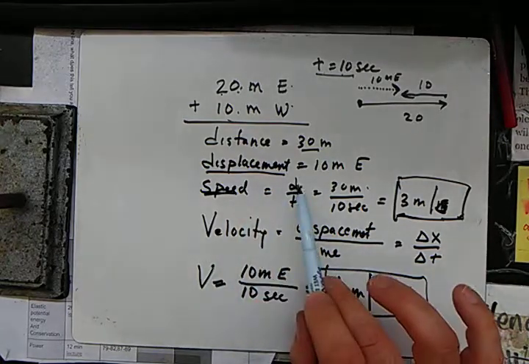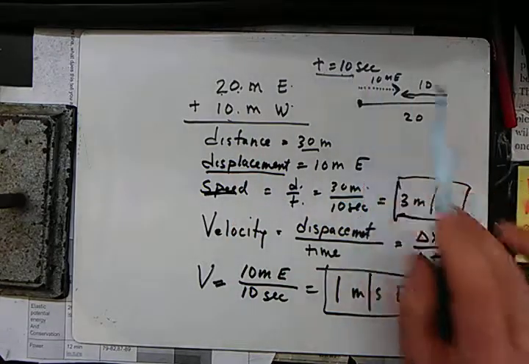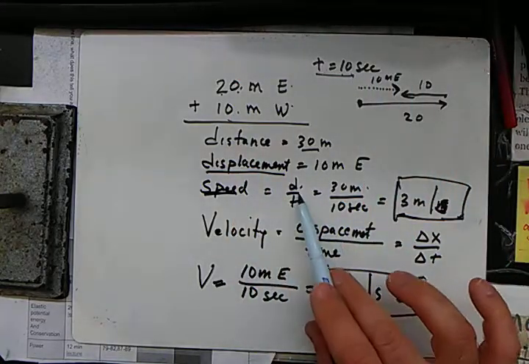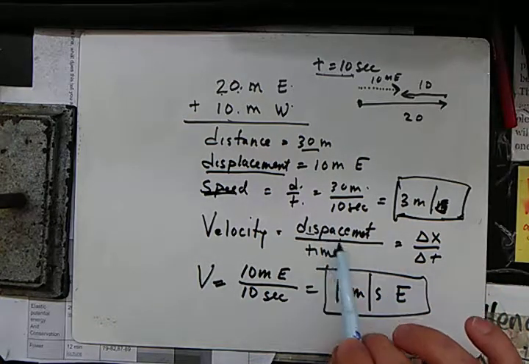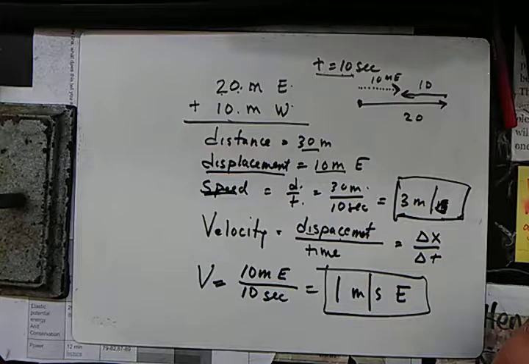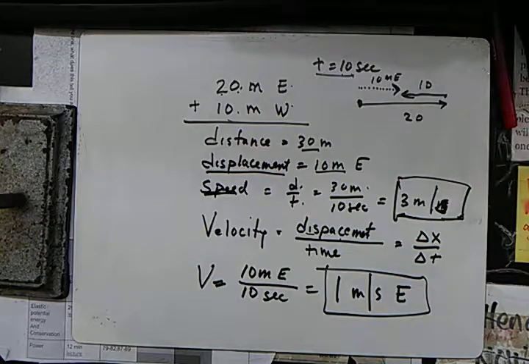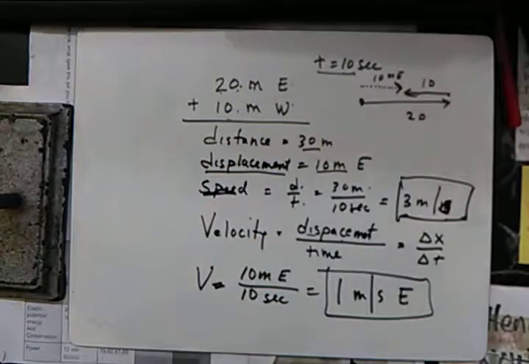Speed is the total distance, which we know is 20 plus 10, over the time. Velocity is the displacement over time. We're only displaced 10 meters. That's all we displaced. So that's a little idea of how to get that type of problem done, and you'll see this come up over and over again in the homeworks.